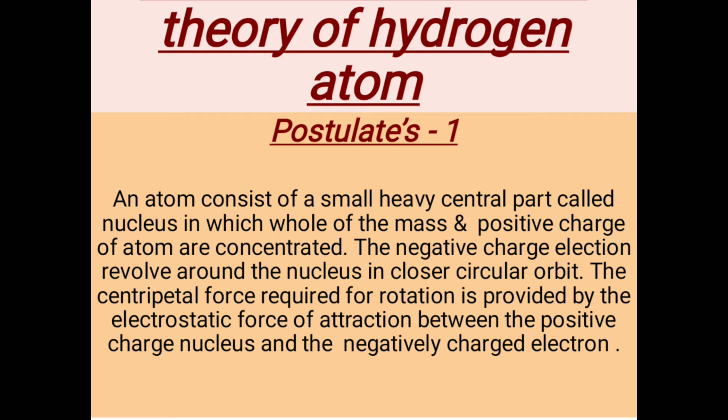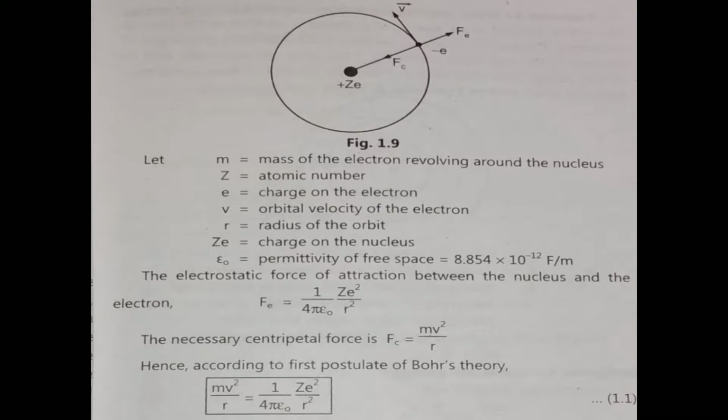The centripetal force required for the rotation is provided by the electrostatic force of attraction between the positively charged nucleus and the negatively charged electron. The figure shows that electrons revolve around the nucleus.